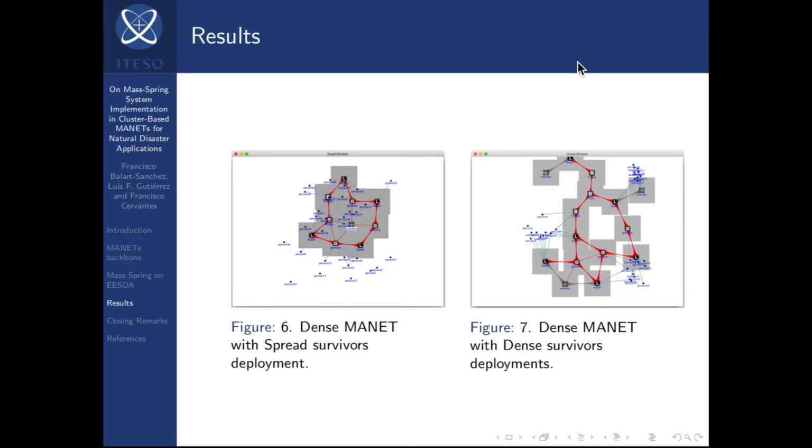In this simulation, you will see red blobs, which in this case mean the MANET backbone. Also, you can see how the MANET nodes reach the survivors, forming a wireless link. Let's see the results now.